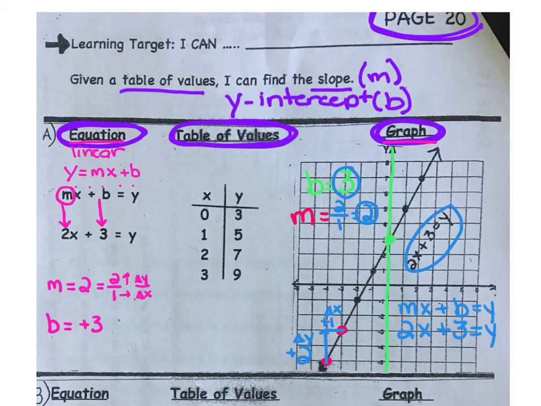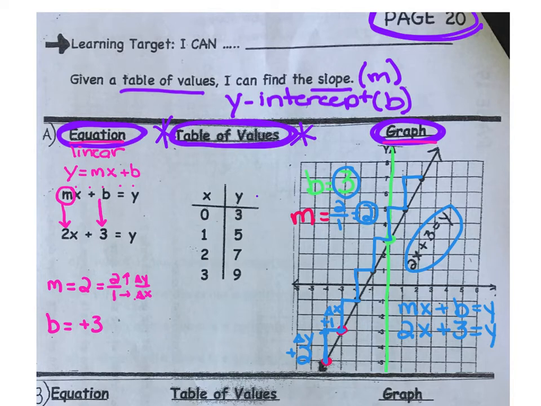When it comes to the slope, you can confirm 2/1 and continue the pattern up 2/1, up 2/1, and see that the line consistently rises and runs at that rate. Finally, how do we do all of these calculations for a table of values? Well, it's actually easy.